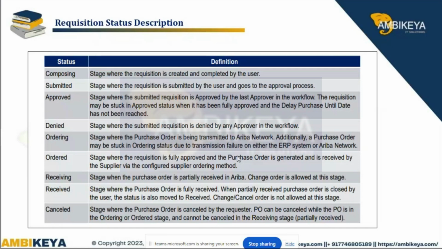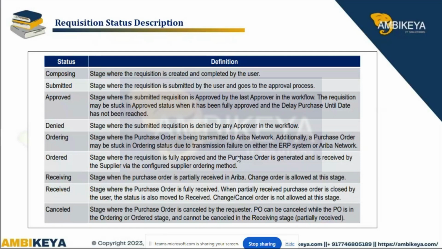Ordering is the stage where the purchase order is being transmitted to Ariba Network. I told you, right? Being generated or transmitted to Ariba Network. And next, ordered is once the purchase order is generated and received by the supplier via the configured Ariba supplier ordering method. Again, we have different types of ordering methods, which will be covered in upcoming sessions.